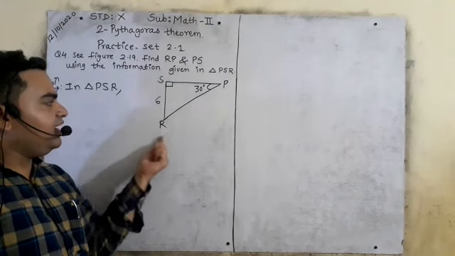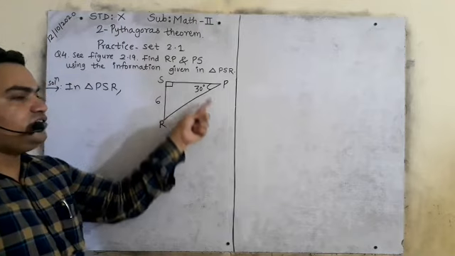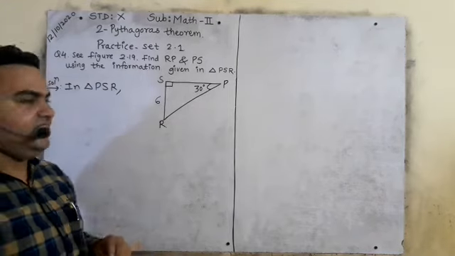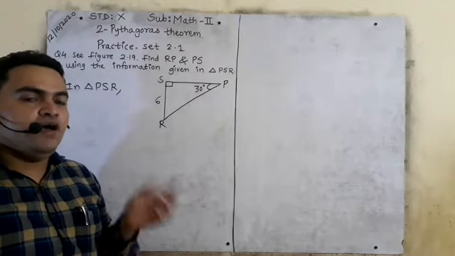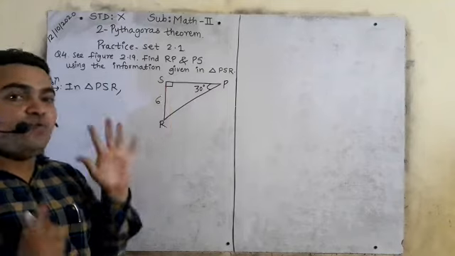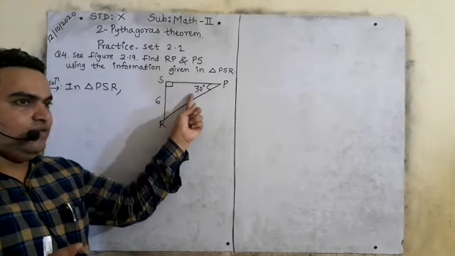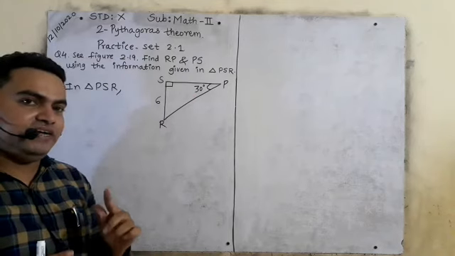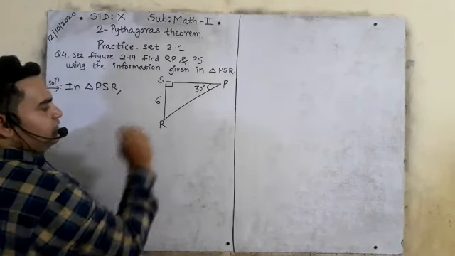Why will angle R be 60 degrees? Because the sum of all the angles of a triangle is 180 degrees. So this is 90 and this is 30, 90 plus 30 is 120. If you subtract 120 from 180, how much will remain? 60 degrees. Therefore angle R will be 60 degrees.